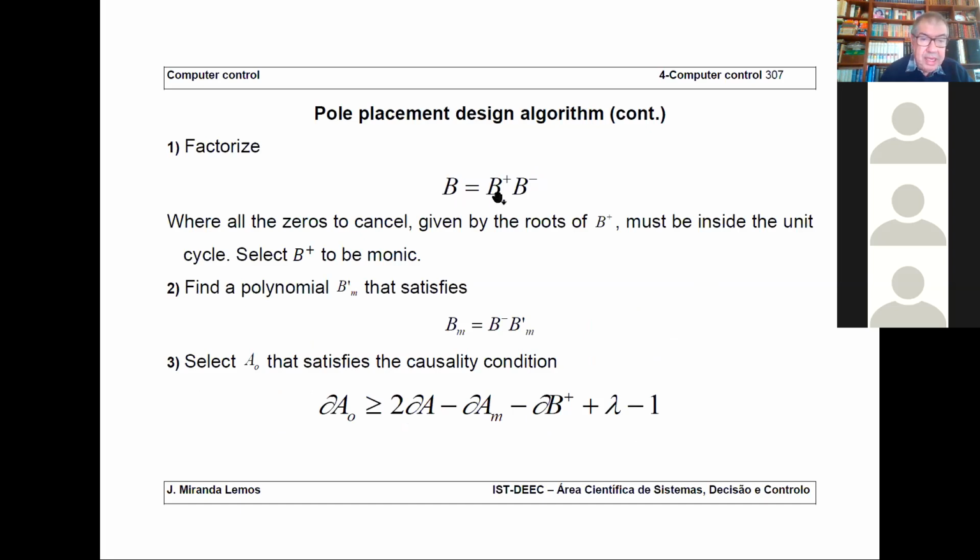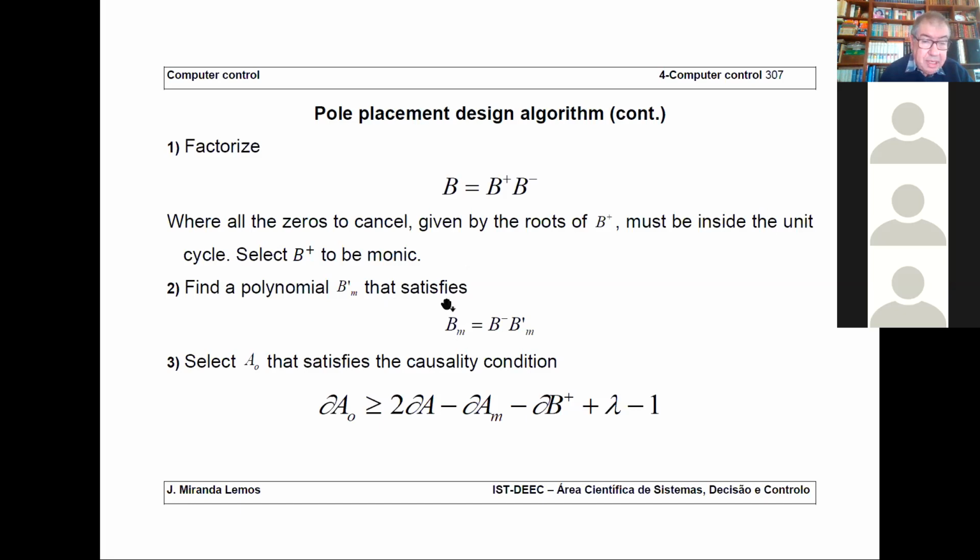Now you factorize B as B plus times B minus, where B plus has all the zeros inside the unit circle, and B minus has all the zeros outside the unit circle, or zeros that are inside but that you don't want to cancel. And B plus must be monic, that is to say, the coefficient of the leading term must be 1.